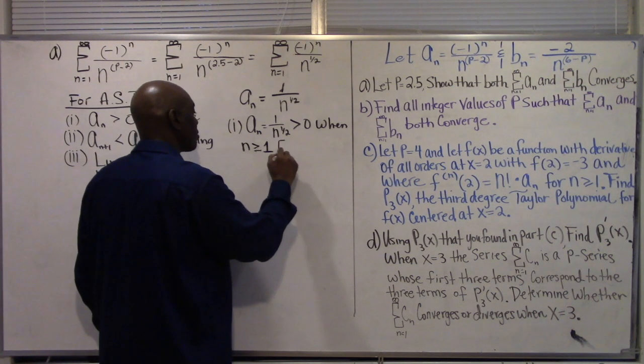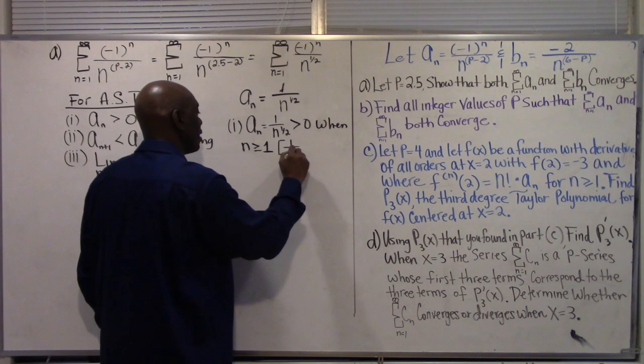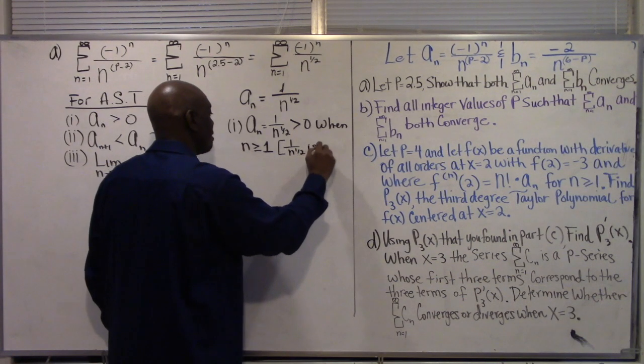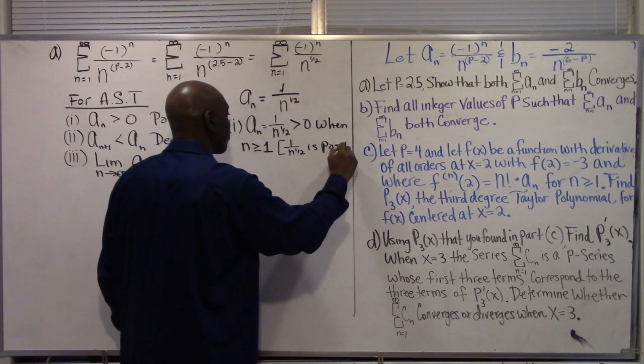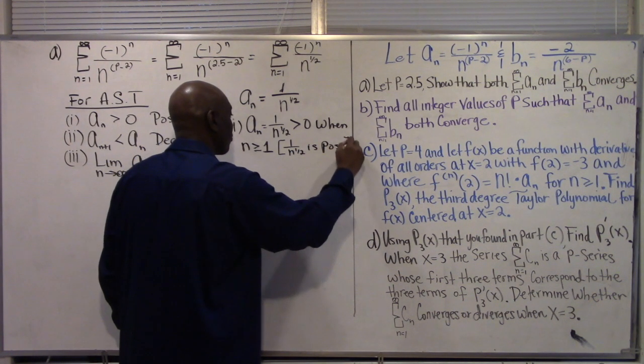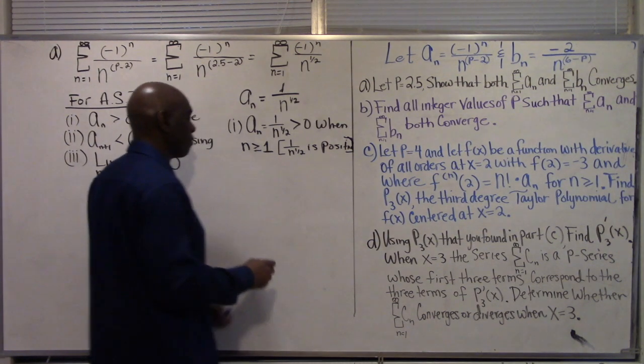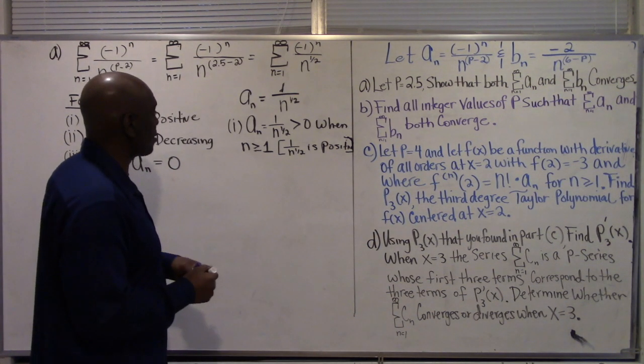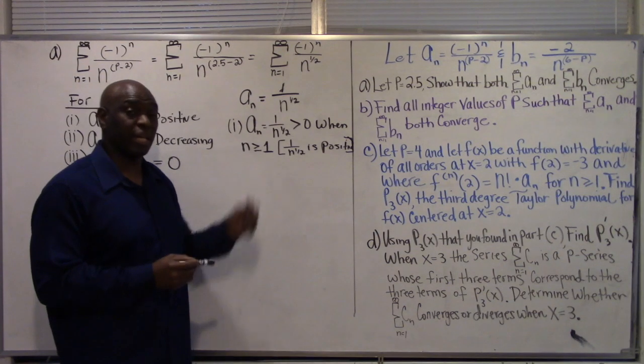In other words, 1 over n to the 1/2 is positive. How do you know it's positive? Plug in 1 for n.